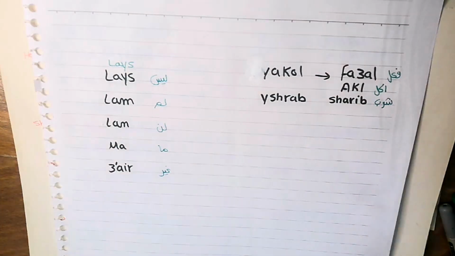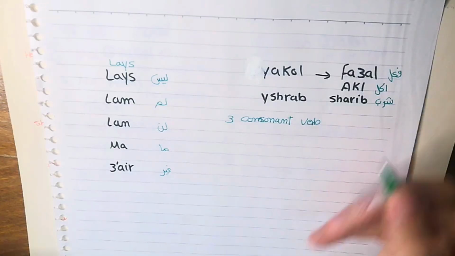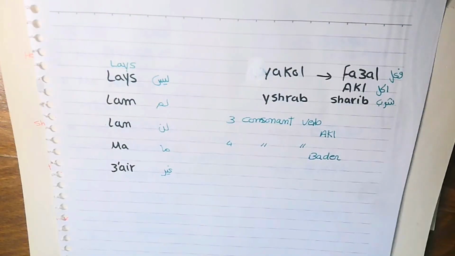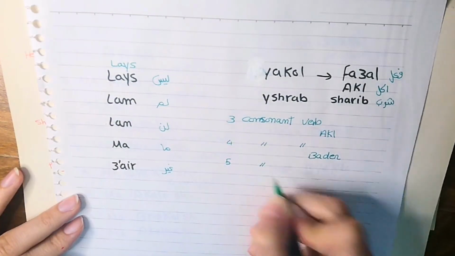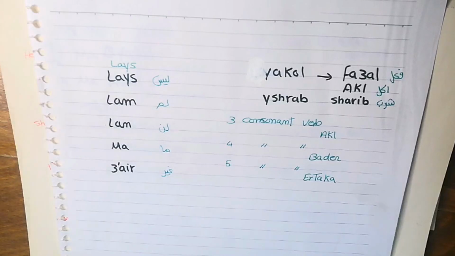Of course, there's more than one form in the past tense. So we have the 3 consonant verbs like أكل. We have the 4 consonant verbs like بادر, which means to initiate. We have the 5 consonant verbs like ارتقى, which means to rise up or be elevated.